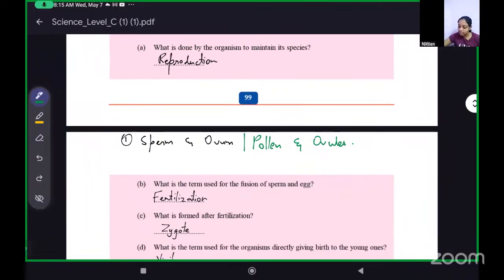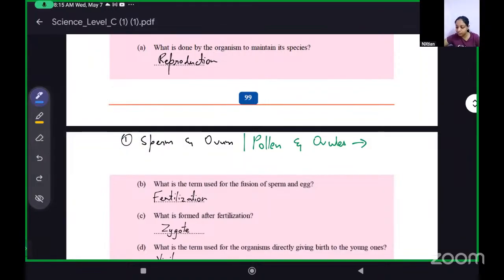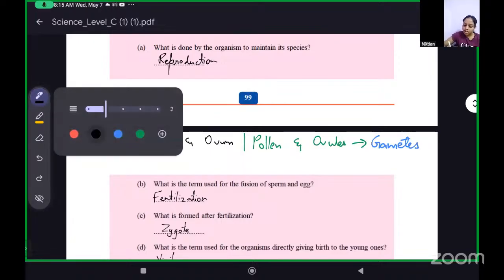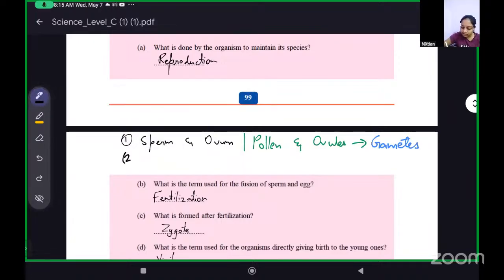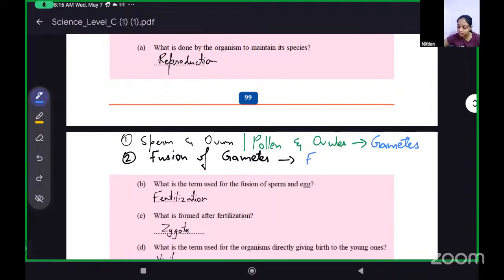So what are these things called? Gametes. Yes, these are known as gametes. Then after that, in the second step, fusion of gametes takes place. This process where fusion of gametes takes place is known as fertilization.